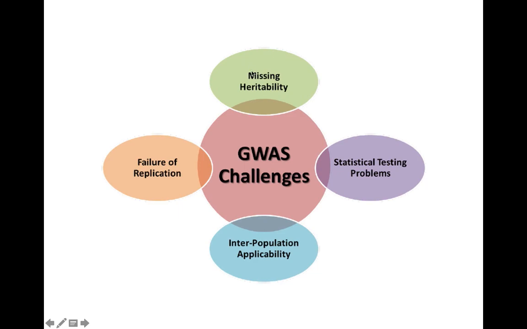Even though we've known for a long time that height has a strong genetic component, many genome-wide association studies have been done that have not been able to identify all the variation genetically that's associated with height. Although more recently there have been better cases of studies that have been more successful in finding that. And there's a whole host of statistical problems. So there are a lot of challenges with genome-wide association studies, but they do hold a promise to identify the genetic basis for complex diseases.